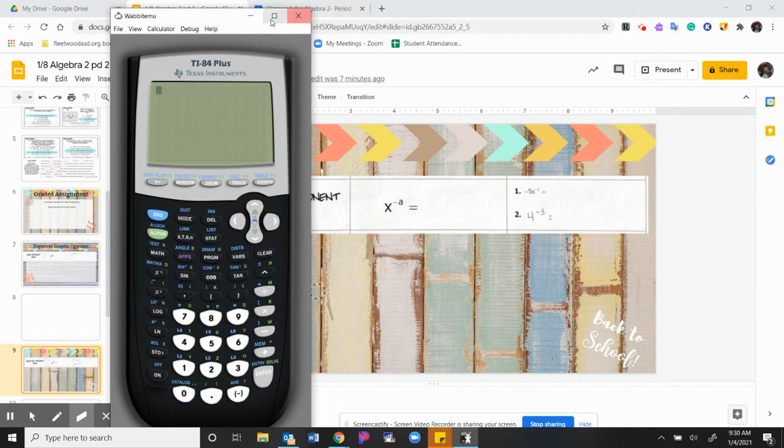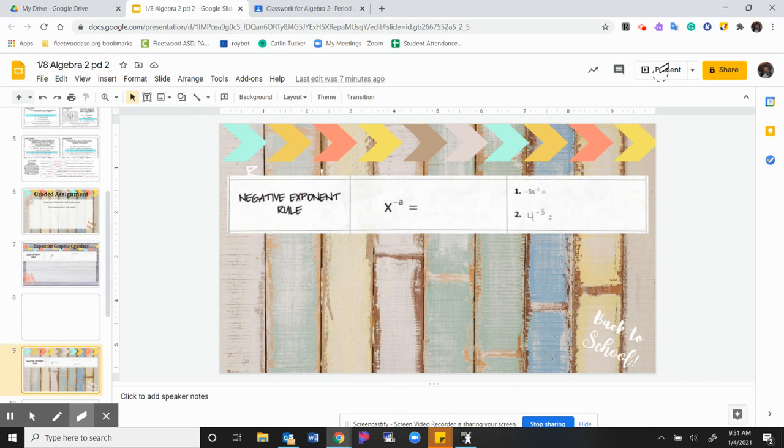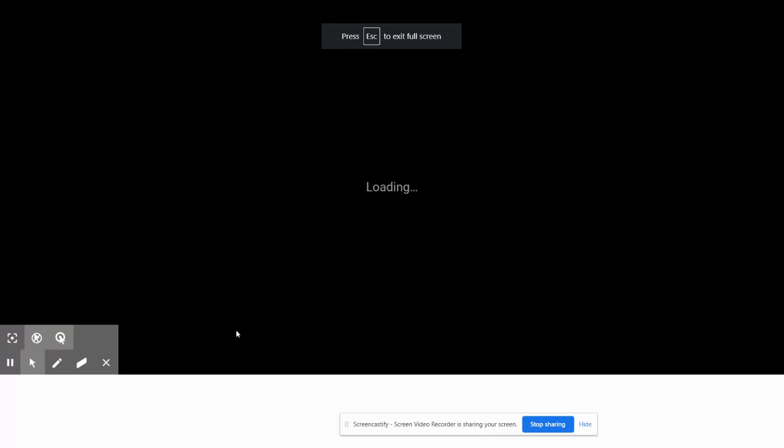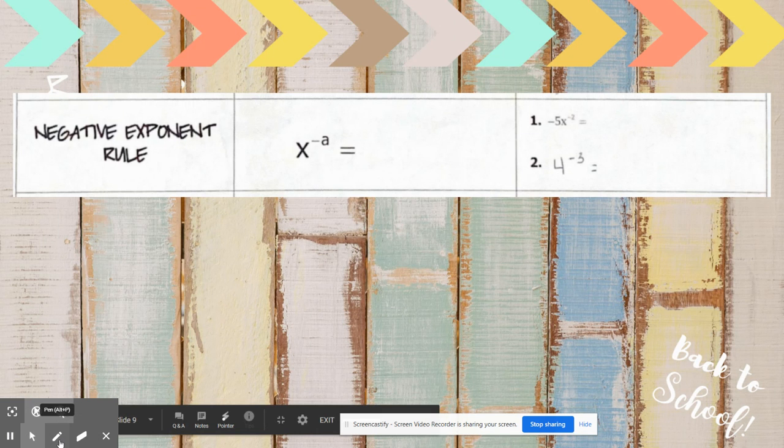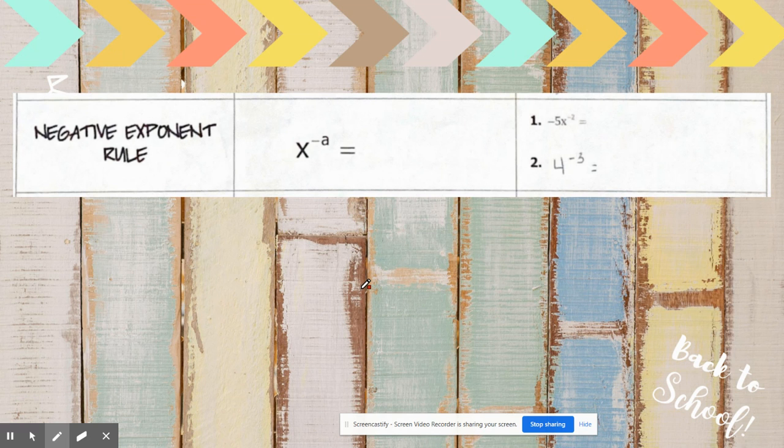So let's see if we can figure out what this actually means in terms of our exponents. All right. So what this actually means is that we are taking it and we are flipping the fraction.